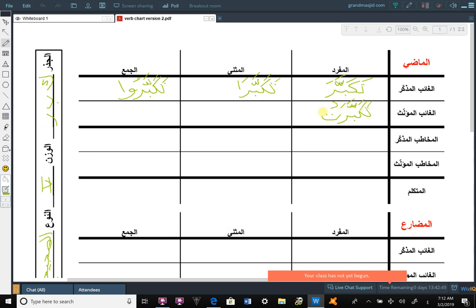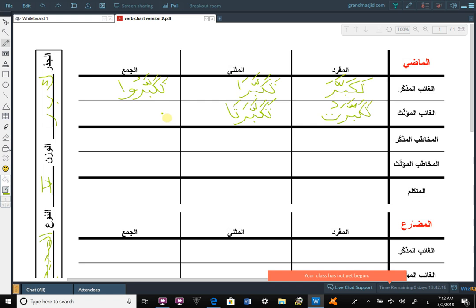Want to make it dual? This dual, we add the alif al-ithnain to that. Takabbarata. We want to make it feminine.